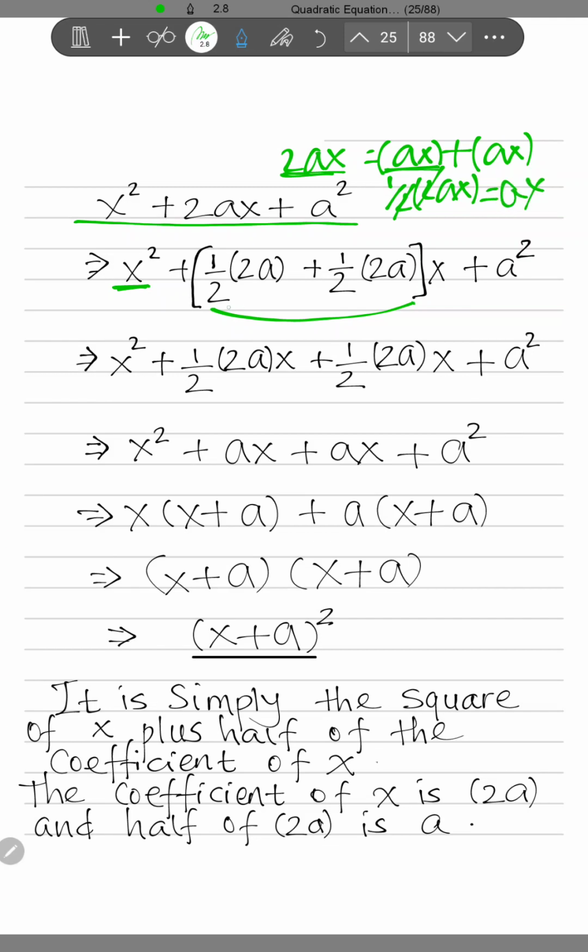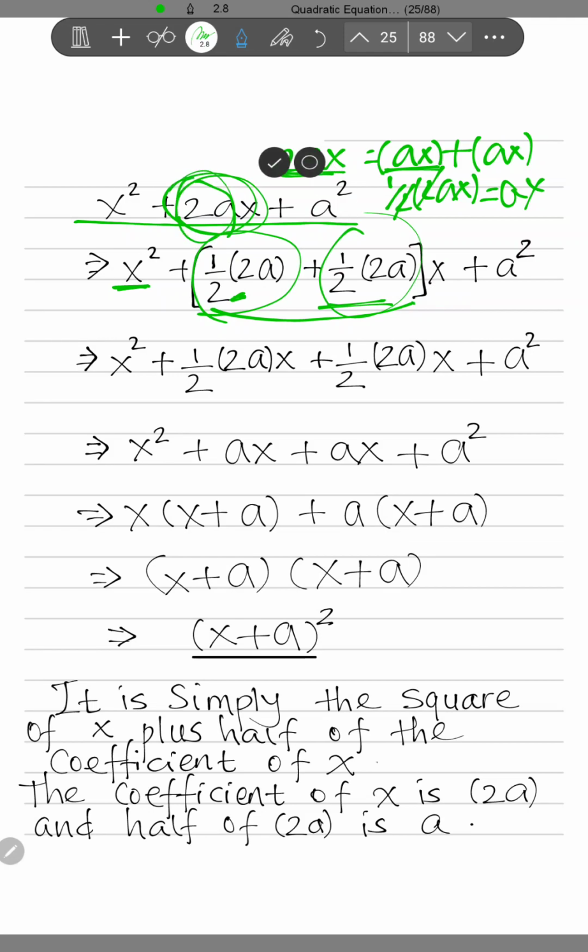So when I split the middle term, the middle term constant value is 2a. I write half of 2a here, and here is also another half of 2a. Half of 2a plus half of 2a is 2a.